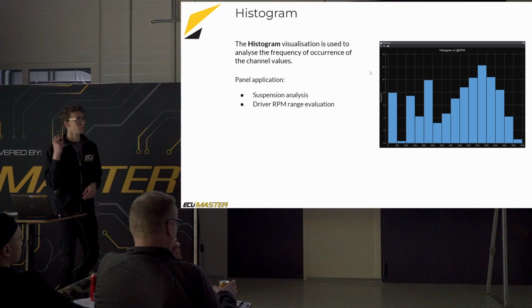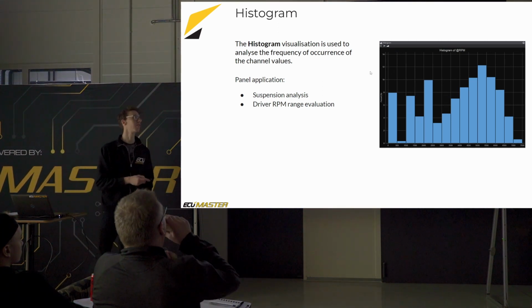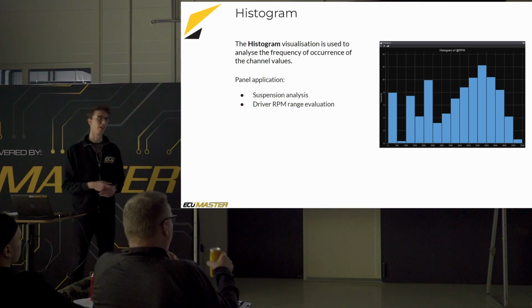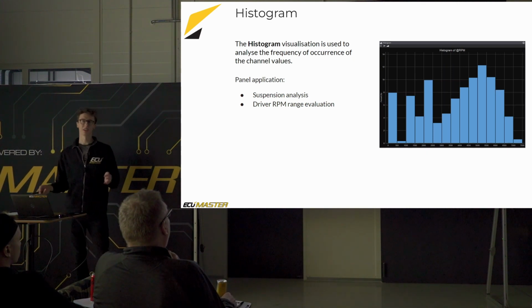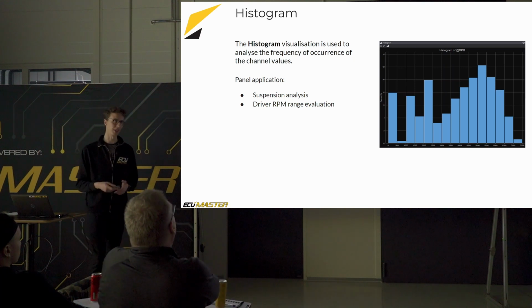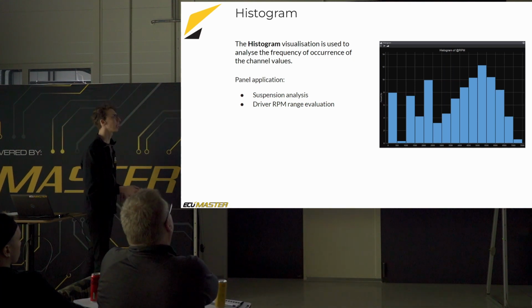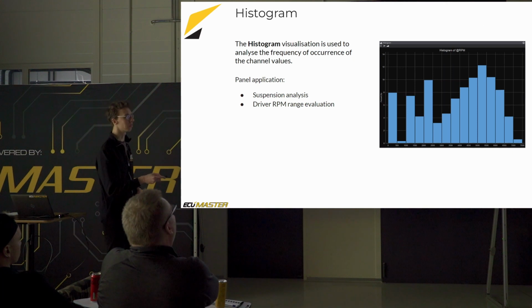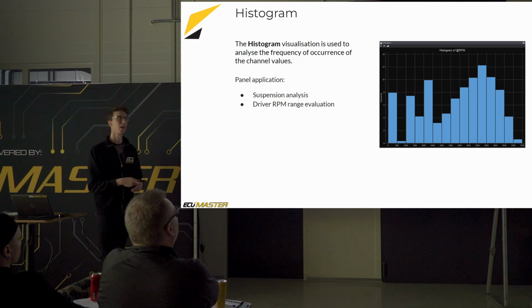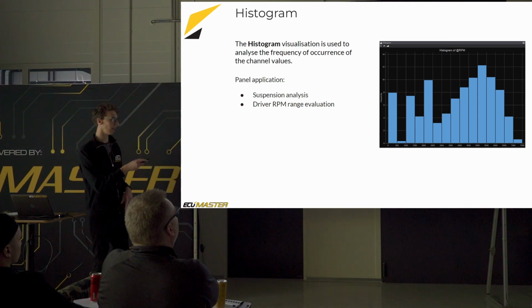The next panel, the next visualization available, is the histogram. It works as a histogram in Excel or other software. So basically, you have the bins on the x-axis and the frequency of the occurrence on the y-axis.